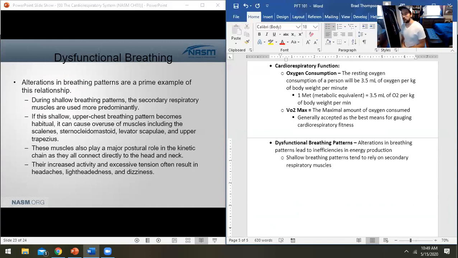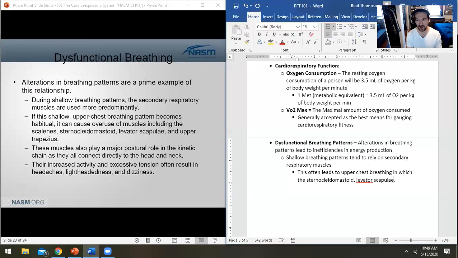And what that leads to is often upper chest breathing, in which the sternocleidomastoid, levator scapulae, scalenes, and upper trapezius muscles become overactive, right?